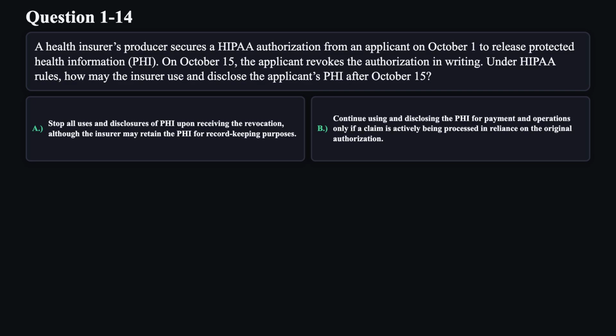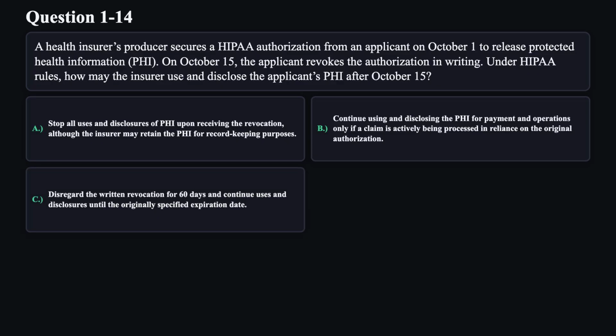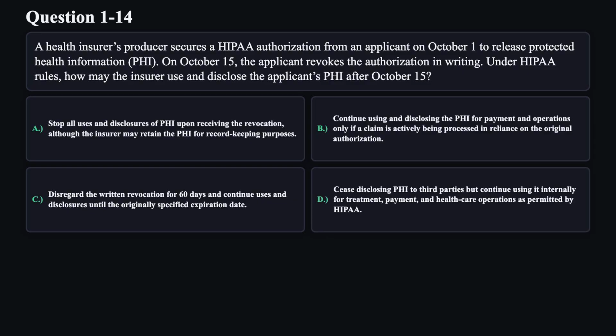B. Continue using and disclosing the PHI for payment and operations only if a claim is actively being processed in reliance on the original authorization. C. Disregard the written revocation for 60 days and continue uses and disclosures until the originally specified expiration date. D. Cease disclosing PHI to third parties but continue using it internally for treatment, payment, and healthcare operations as permitted by HIPAA.